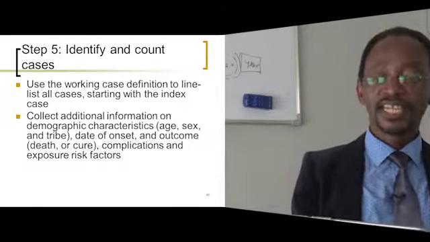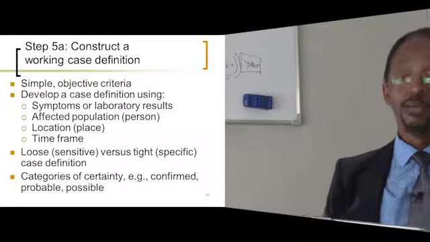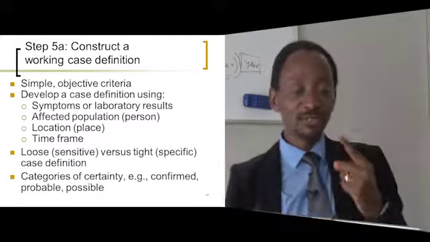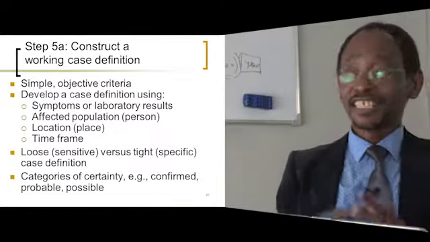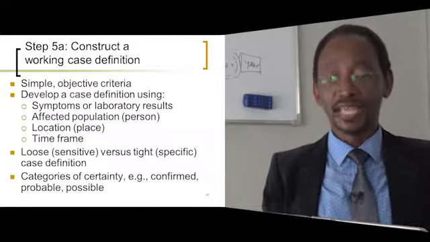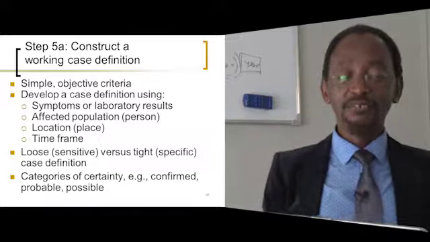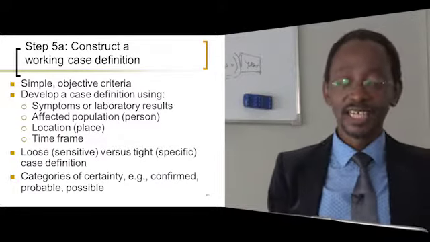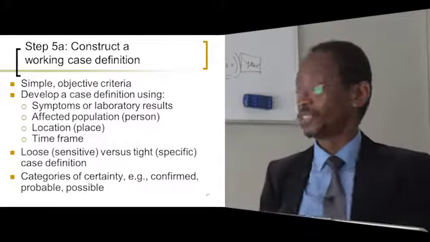Now, constructing a working case definition. To construct a case definition, we use simple objective criteria. If you use complicated criteria, the case definition will be difficult to apply. So we get simple but objective criteria. We develop a case definition using symptoms and signs. I also have to include signs.